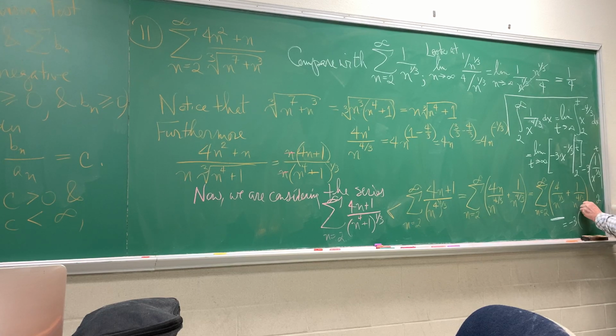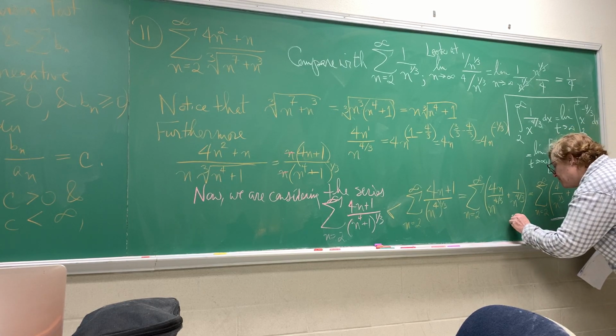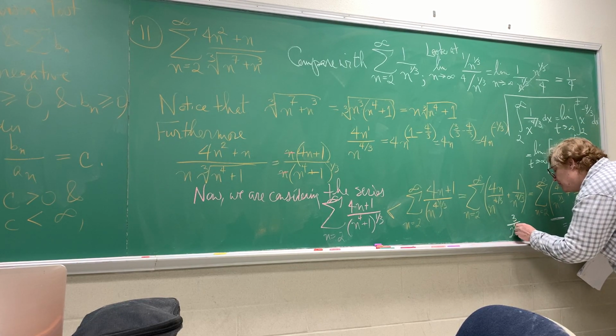At t, we'll have 1 over t to the 1/3. At 2, we'll have 1 over 2 to the 1/3. And whatever that value is, as t goes to infinity, do we get a value? Yes. So almost 0. We get negative 3 times negative 1 over cube root of 2. So we get that this integral exists and equals positive 3 over 2 to the 1/3.